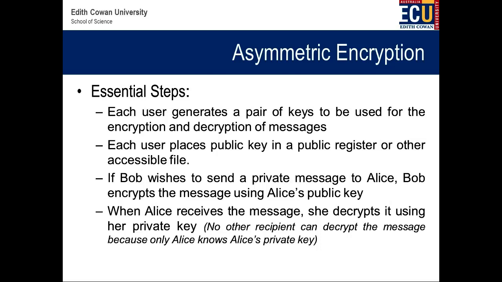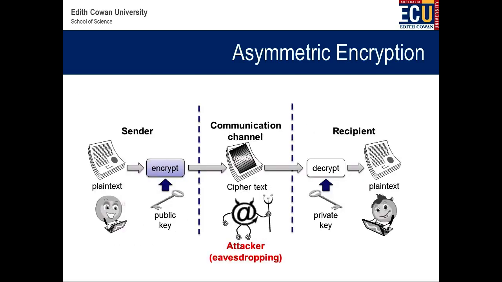So, if Alice and Bob want to communicate, and if Bob wants to send a message to Alice, Alice needs to send her public key to Bob. Bob will encrypt the message using Alice's public key and will send that encrypted, or ciphertext, message to Alice.